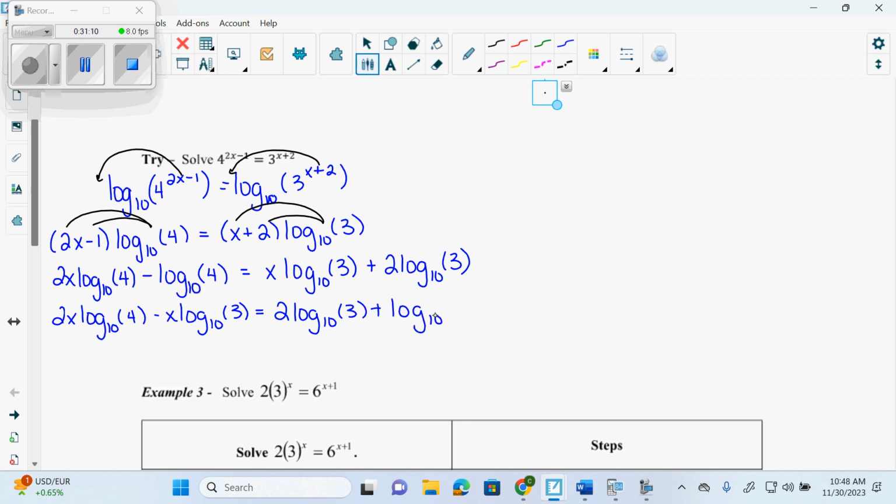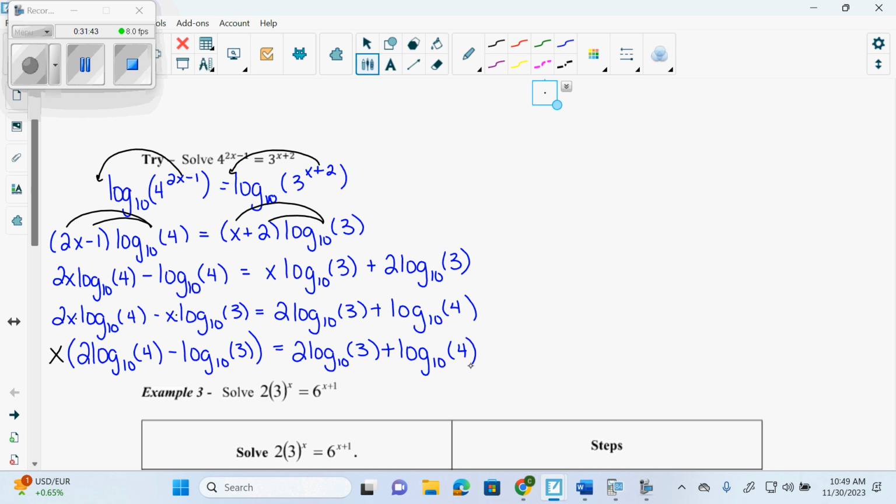So I just added the log base 10 of 4 to the right, and I subtracted the x log base 10 of 3 over so that I can take out an x, because they're all just multiplied. So I take out an x, and I'm left with 2 log base 10 of 4 minus log base 10 of 3 equals 2 log base 10 of 3 plus log base 10 of 4.